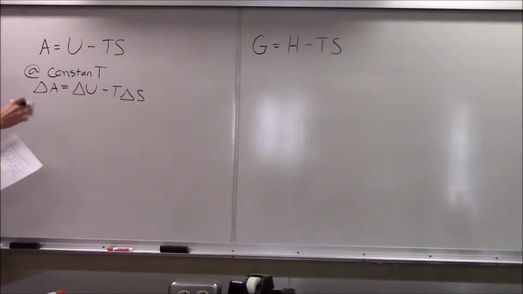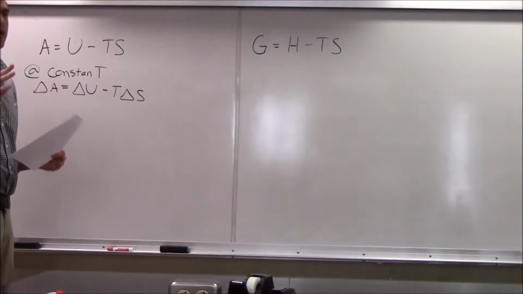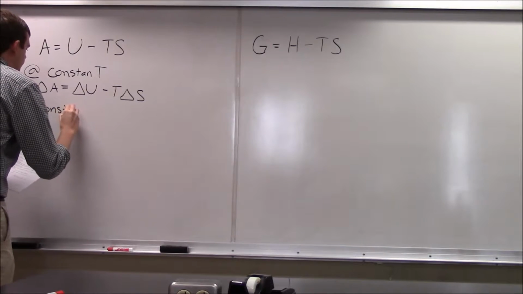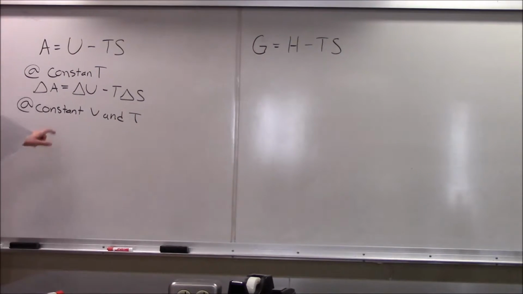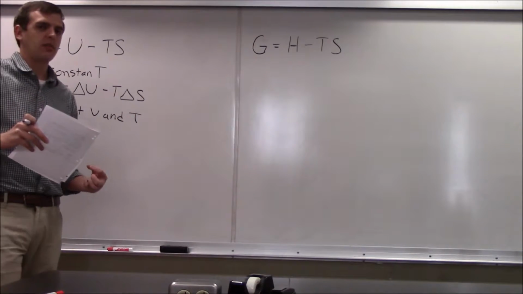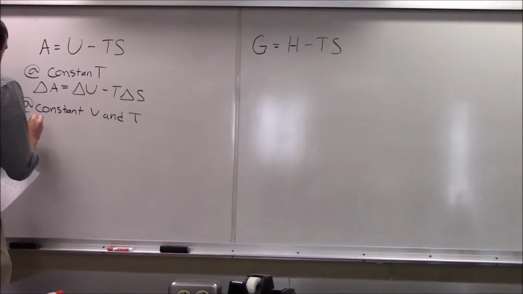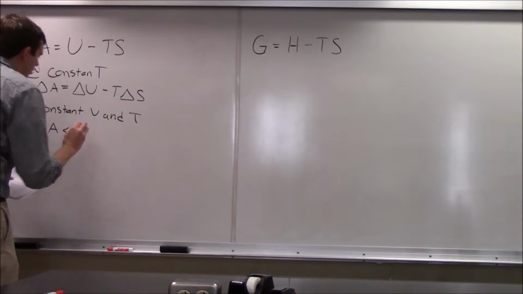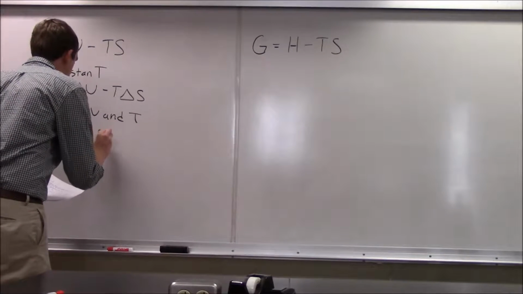Now, if we're talking about a system that is at constant volume and constant temperature, that is when we can start discussing whether or not the process is spontaneous. So for instance, if we have a change in Helmholtz free energy that is less than 0 at constant volume and constant temperature, this is a spontaneous process.